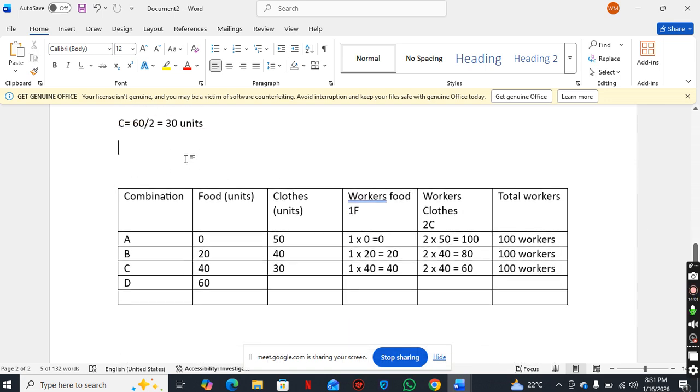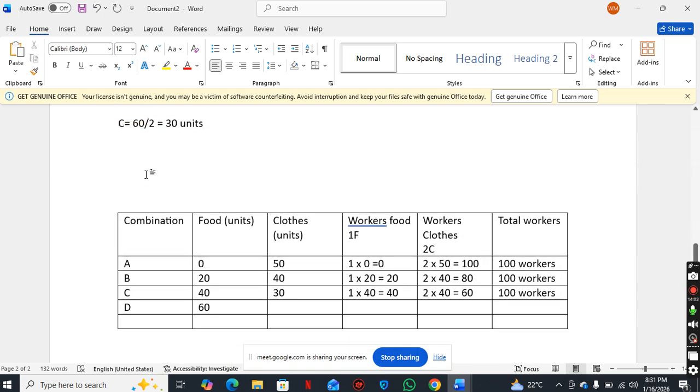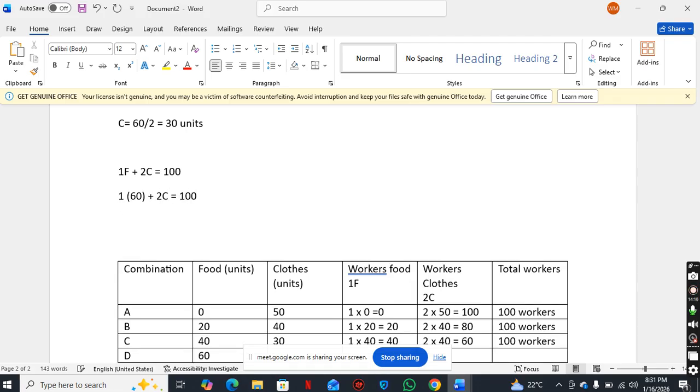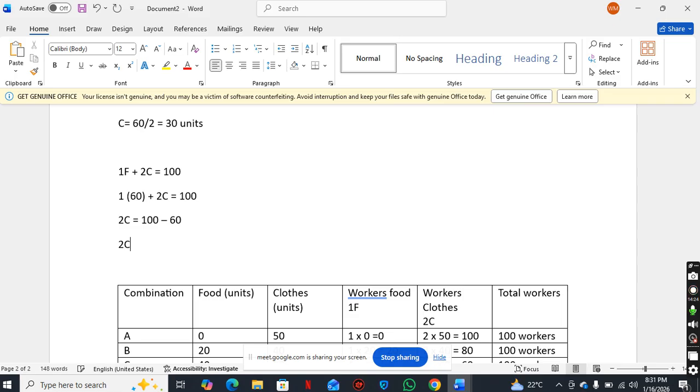We want to produce 60 units of food. So you come back to the equation we made, where F is 60: 60 plus 2C equals 100. Okay, so 2C equals 100 minus 60. 2C equals 40.